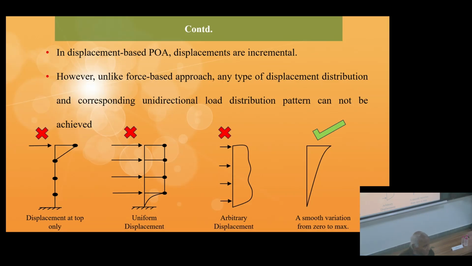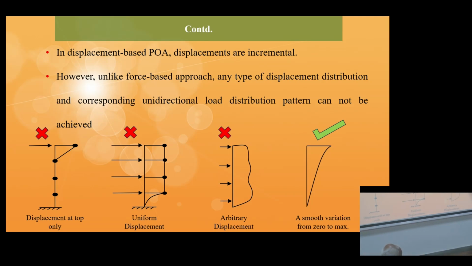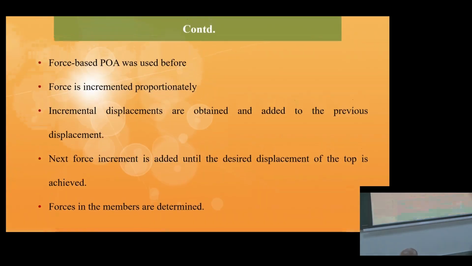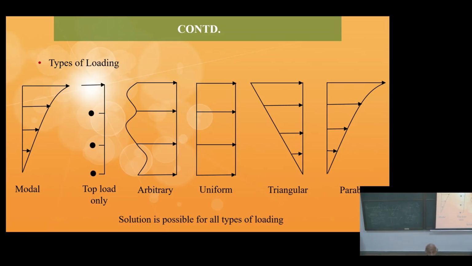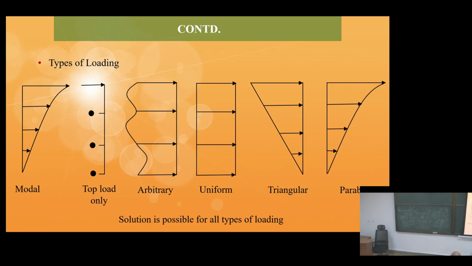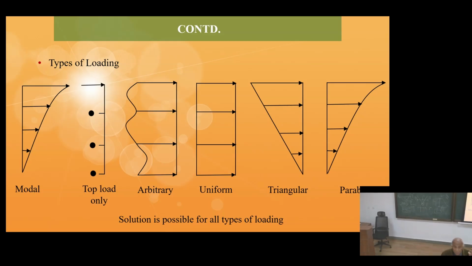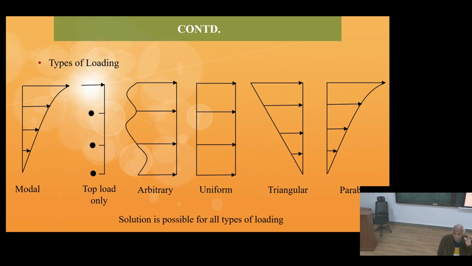Clear? So that is the first difference. As opposed to that, in the force-based approach all types of loading are possible, and consequently the displacement. But in the displacement-based approach, all types of unidirectional loading cannot be constructed. That's the most important thing. Understood or not?